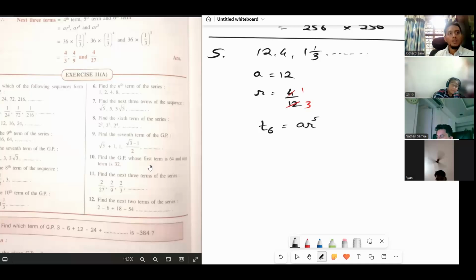Yes. Leave your answer in mixed fraction. Yes. Check the divisibility test for 3.